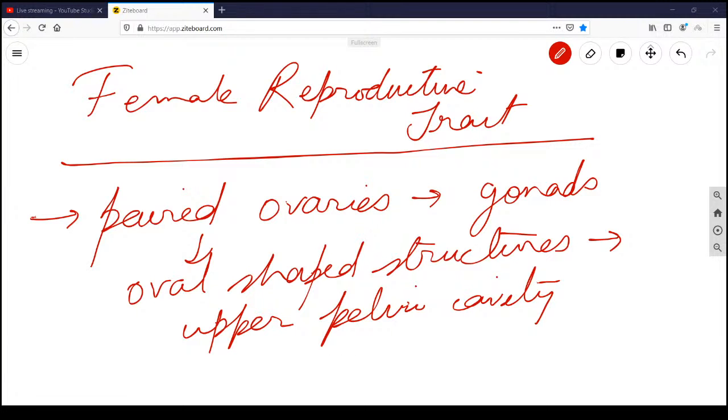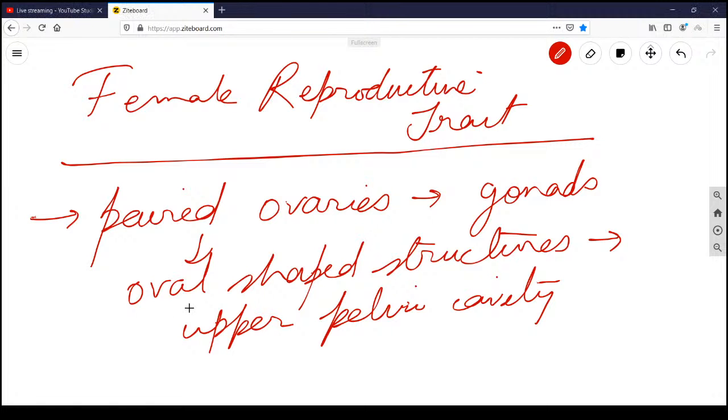And they are present against the back of the pelvic wall on either side of the uterus. Now, these small almond-shaped organs are white or yellowish in color and have a lumpy surface.